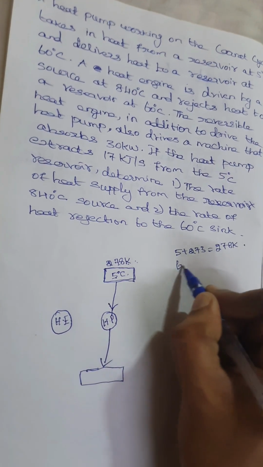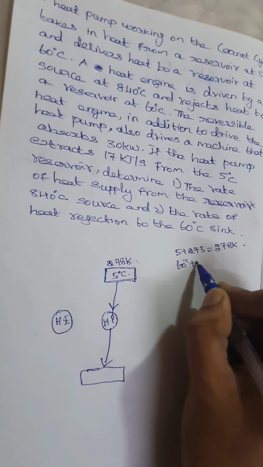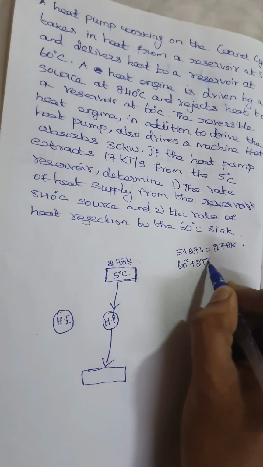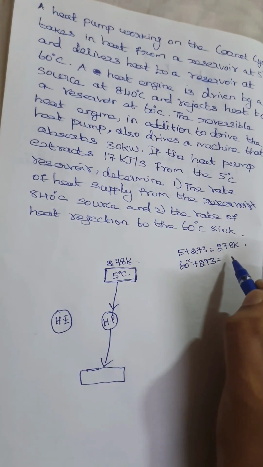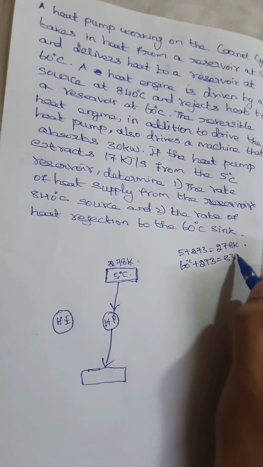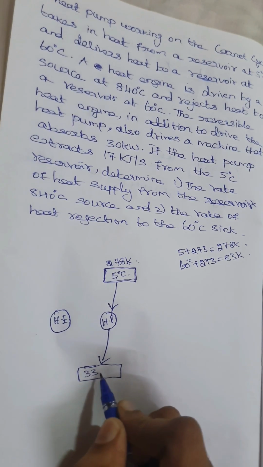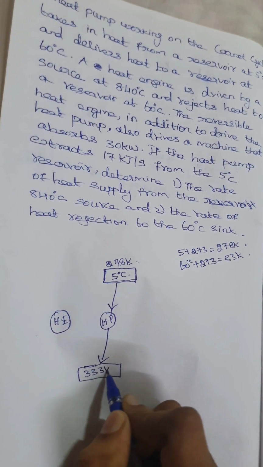The 60 degree centigrade you have to change to Kelvin. For that you have to add 273, so it will be 333 Kelvin. So you can mention here 333 Kelvin.